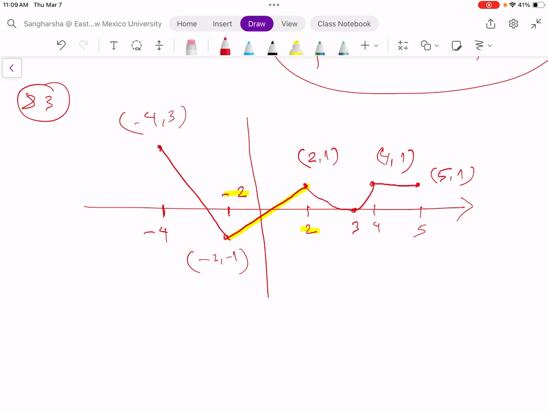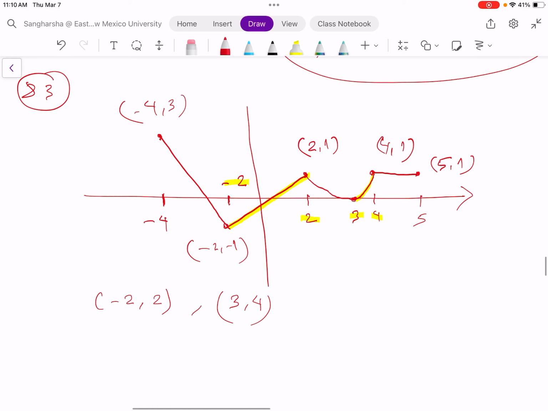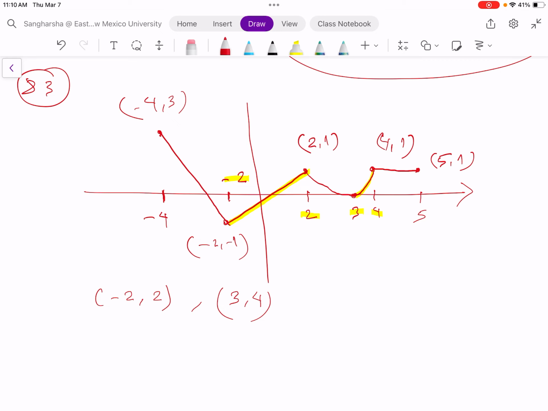Do we have any more? This portion of the graph is also rising, so the corresponding x values are from 3 to 4. This is another interval, from positive 3 to 4. We don't have any more.